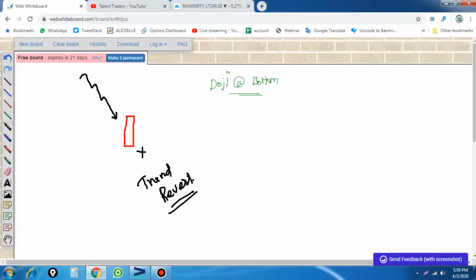If a doji forms within the red body of the prior candle, it is the Harami cross pattern.